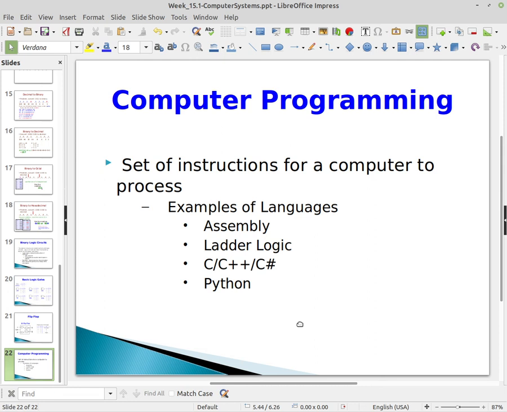There are lots and lots of different programming languages, but these are probably four of the most common for performing any sort of controls type of work in an industrial environment, plus the built-in proprietary teach pendant sort of languages.